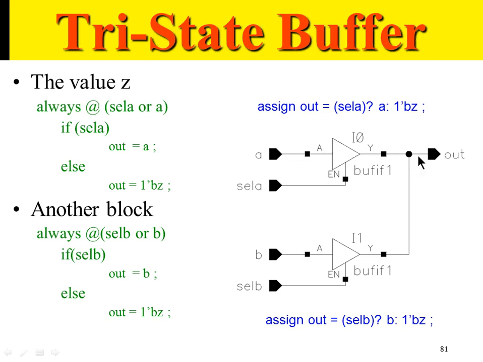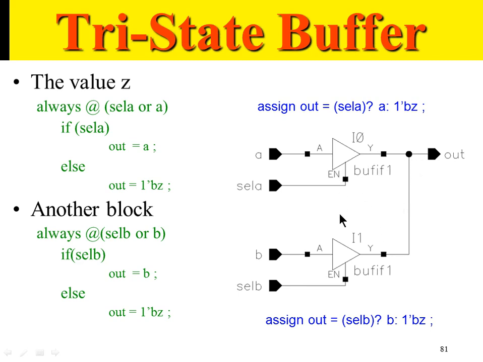A input goes to out or B input goes to out. If it is connected like this and you want B input to go to output, select_A should be 0. So this will be tri-stated here, and B input will go to the output port. This can even be solved further, but this is one example.